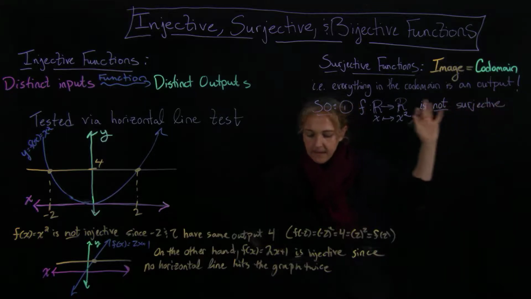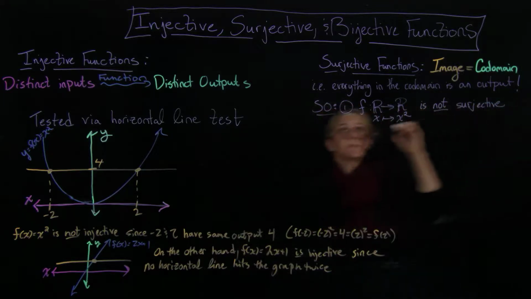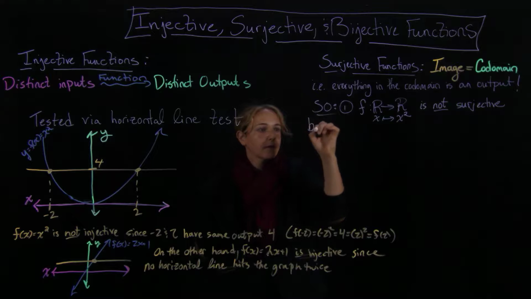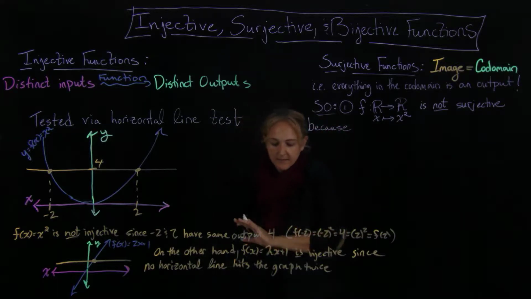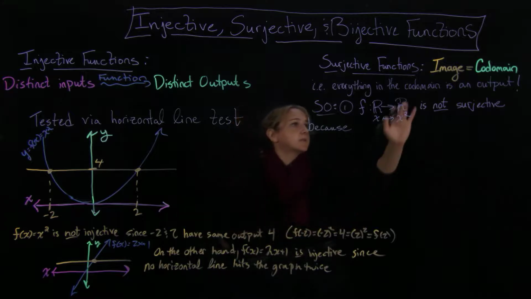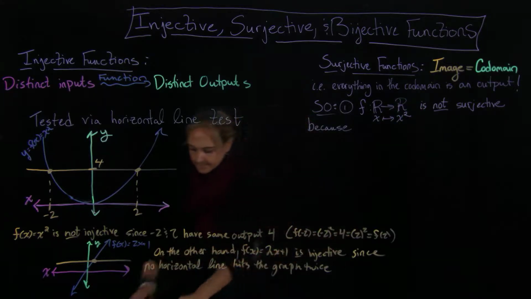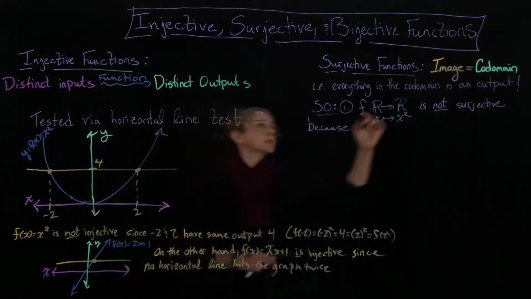Right, because we could have that -1 is a real number, so it's in here. I'm just going to add in our colors.